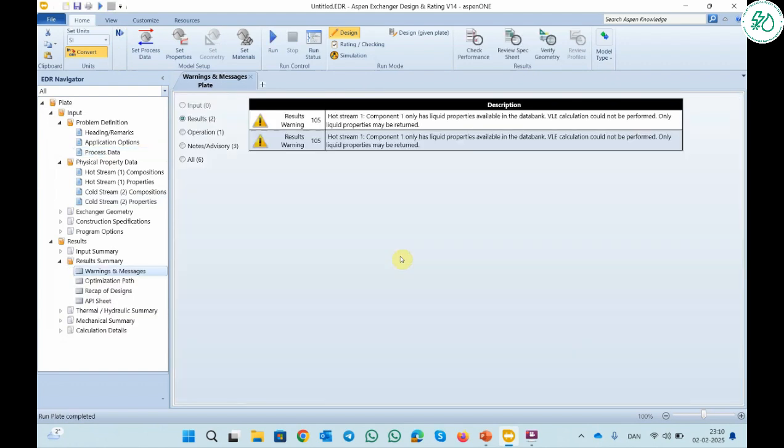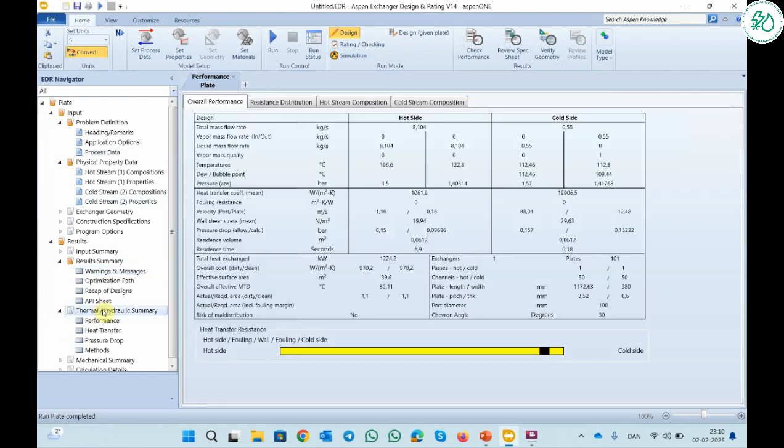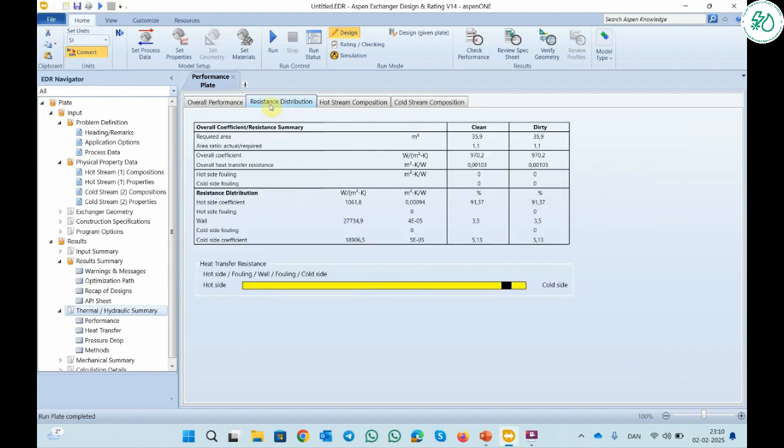We received two different warnings, but these are only warnings. We don't need to care about these warnings and can go to the thermal hydraulic result for this evaporator: the overall performance of the system, the mass flow rate and different information, and also resistance distribution, required area, and overall coefficient.